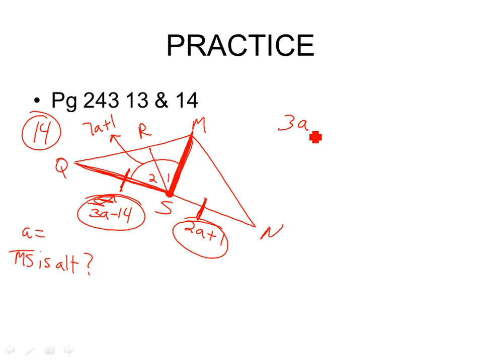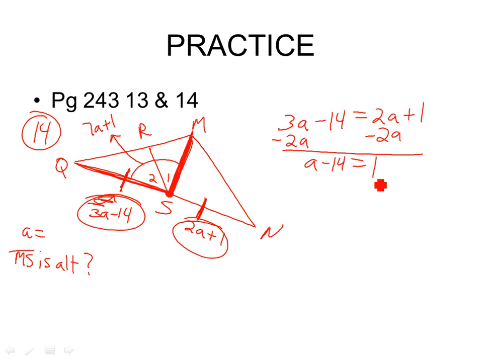So 3a minus 14 has to equal 2a plus 1. Subtract 2a on both sides. End up with a minus 14 equals 1. Add 14 to both sides. End up with a equals 15.